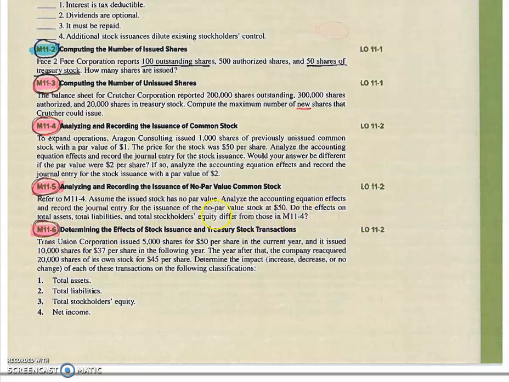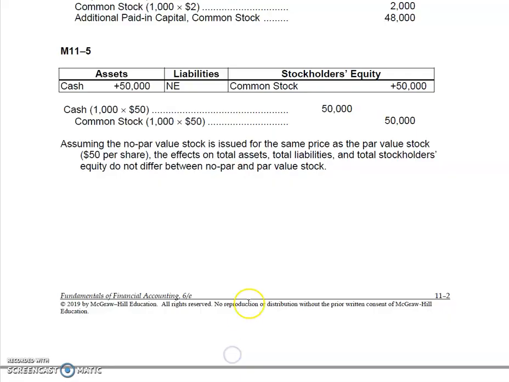Well, the second part is no, they do not differ, but the accounts involved do. Here we're just going to credit common stock for $50,000, and additional paid-in capital will not come into play because there's no par on the stock.